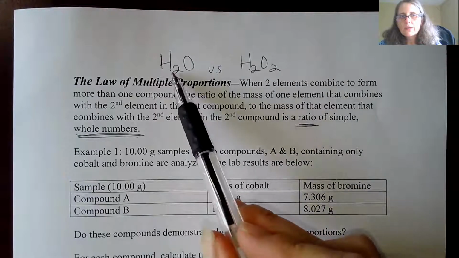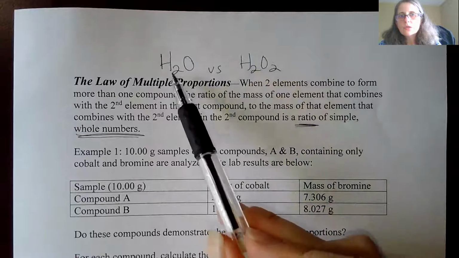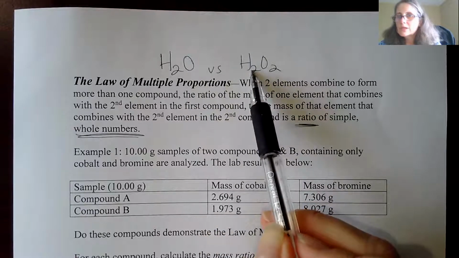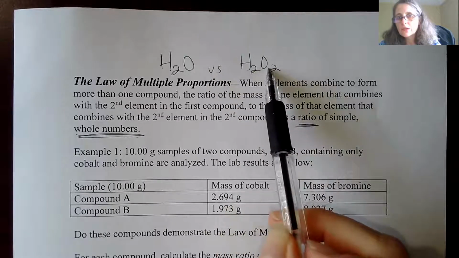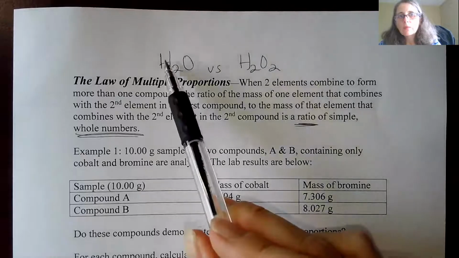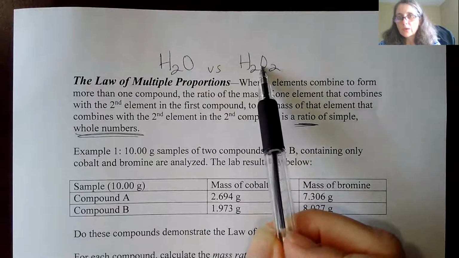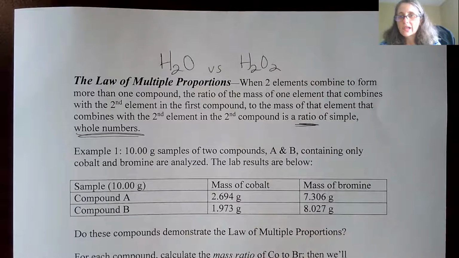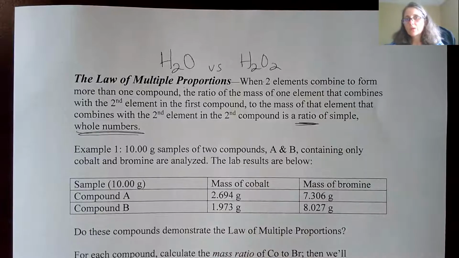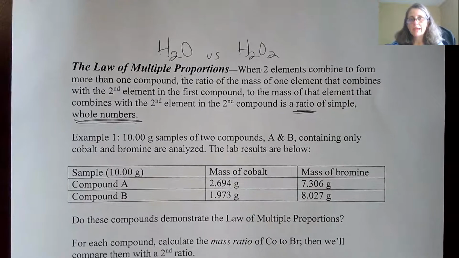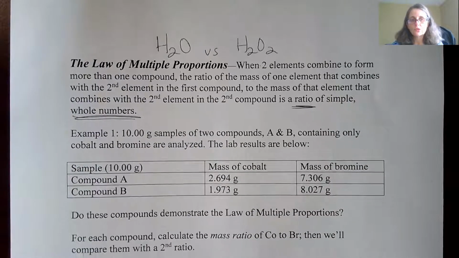Just by looking at the twos, you have the same number of hydrogens in both compounds. The oxygen essentially is a 1 here, and this has a 2. So this is what we call a multiple proportions situation, where the hydrogen and oxygen can get together to make two different compounds, and their ratio is going to be a whole number. In that case, it would be a 2-to-1 relationship.